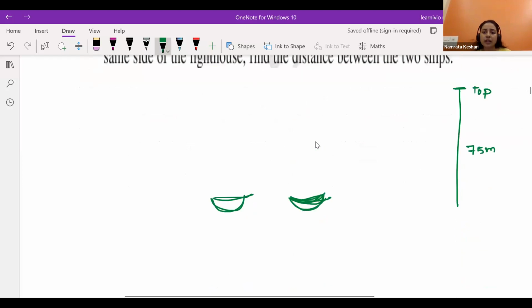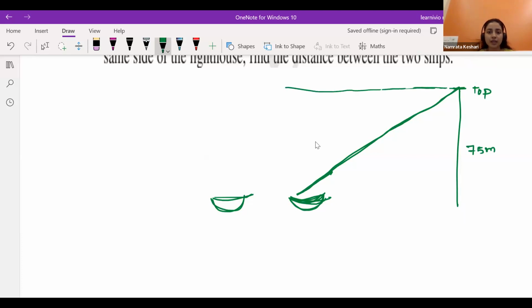How do we get the angle of depression? I was just explaining that if the person is looking in the downward direction, then from the top we draw a horizontal line, very straight, parallel to the ground level, like this, and this angle will be the angle of depression for this particular ship.